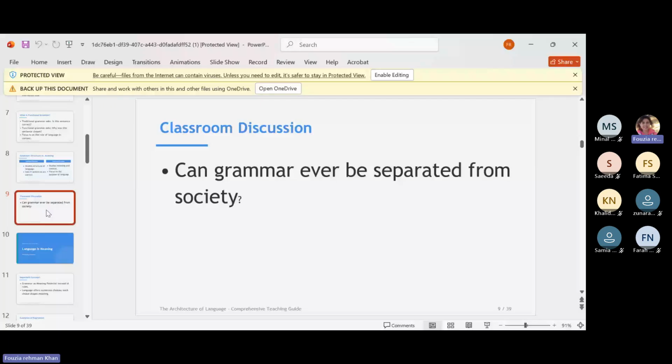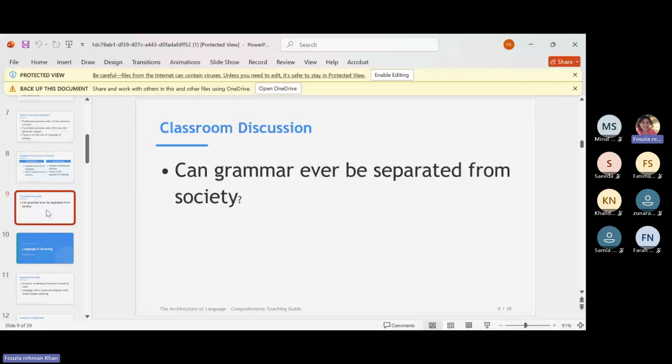Exactly. Now, I have asked you this question because in no way does functional linguistics mean to underestimate the importance of grammar. Language is based on grammar. Okay, that is why we can learn language. I mean, we can acquire language without learning its grammar, but the grammar still stays within a language. I hope you know the difference between acquisition and learning. When we learn the language, we learn it through its grammar, but when we acquire the language, we acquire it directly from our environment.